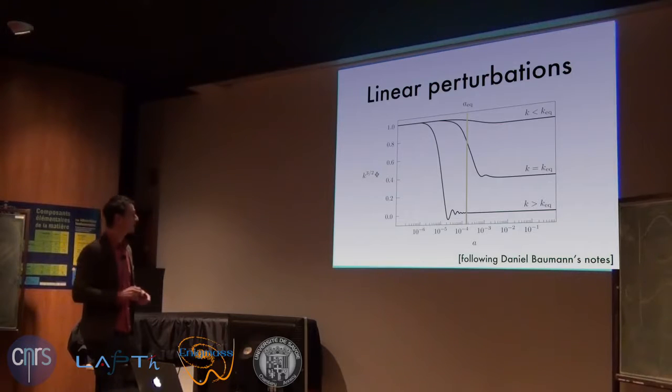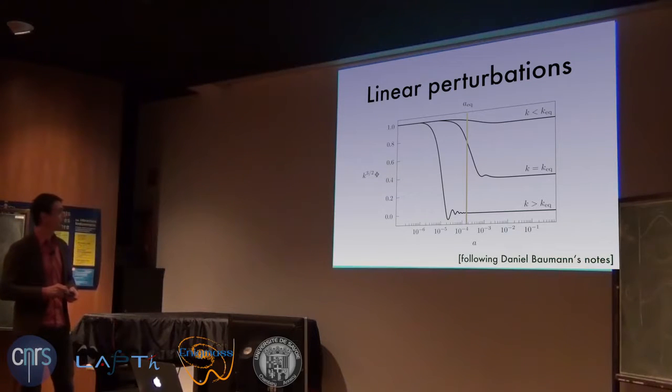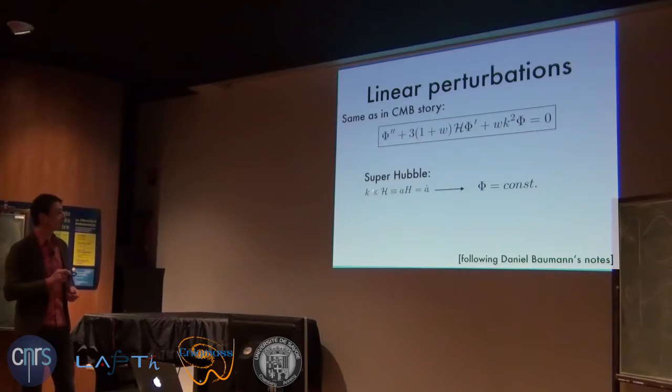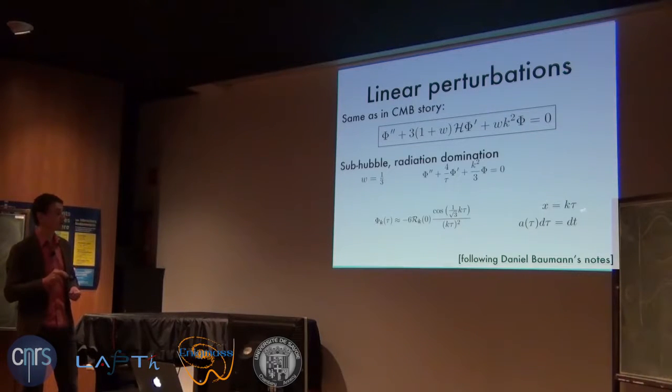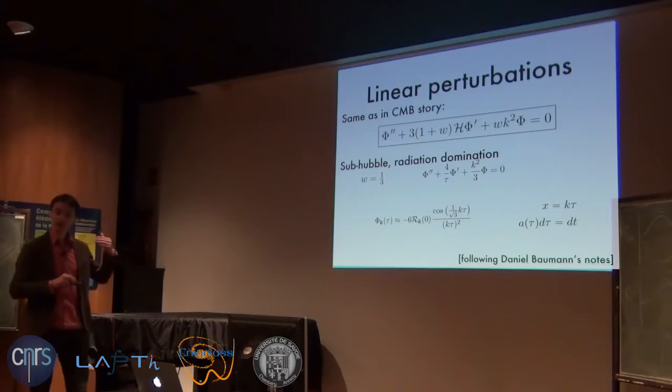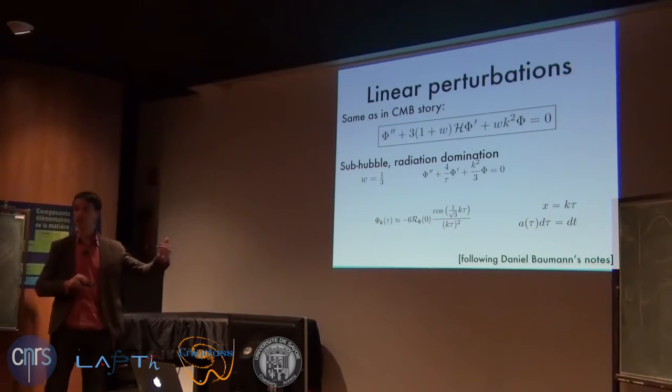To remind you why I'm talking about the Hubble radius: for each mode, there is a point at which it transits from k smaller than the expansion rate to k larger than the expansion rate, because the solution of this function is always a function of k times tau. So each mode travels through super-Hubble, Hubble radius, sub-Hubble.